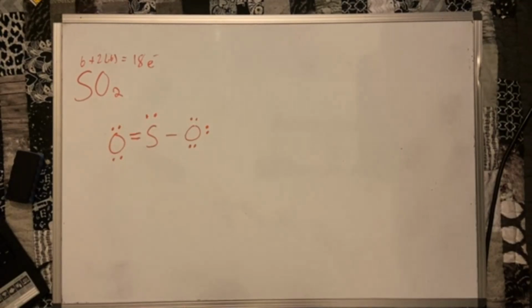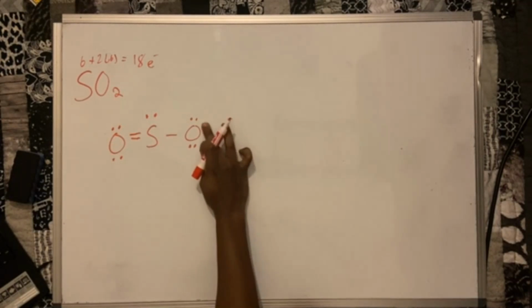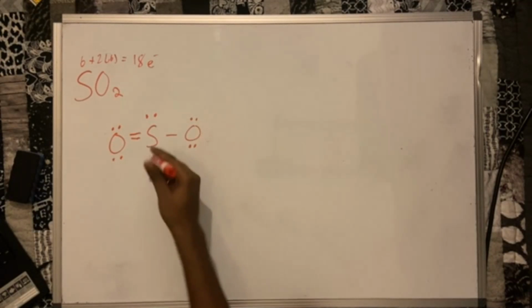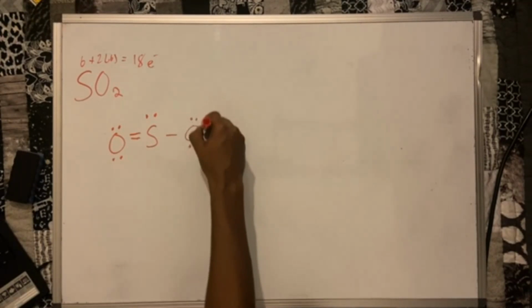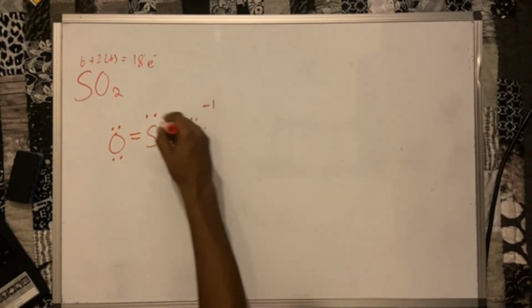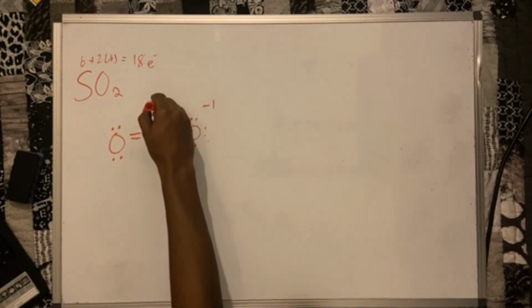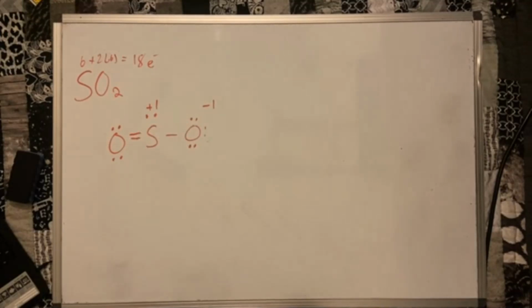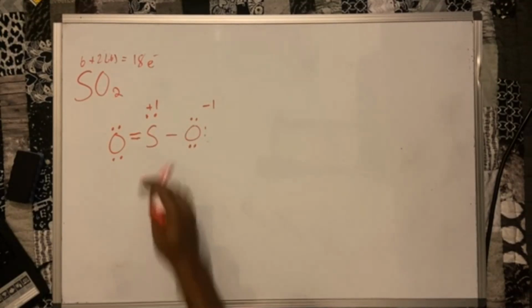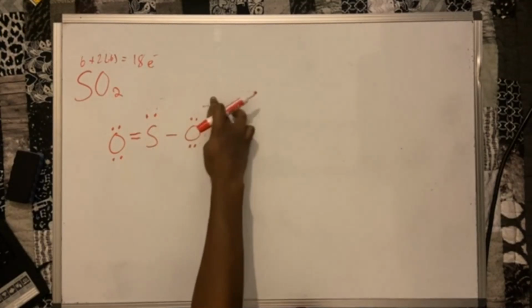So for sulfur, we would check our formal charges here. We would see a -1 on oxygen and a +1, I think. I guess I should actually do it since I don't know.